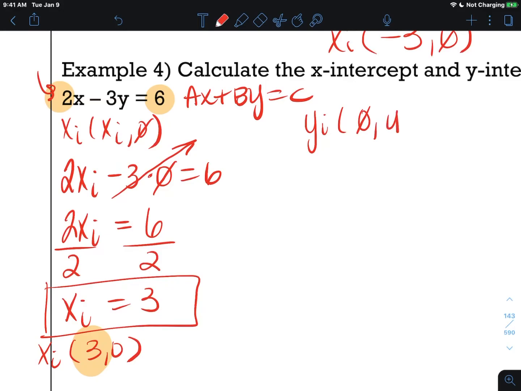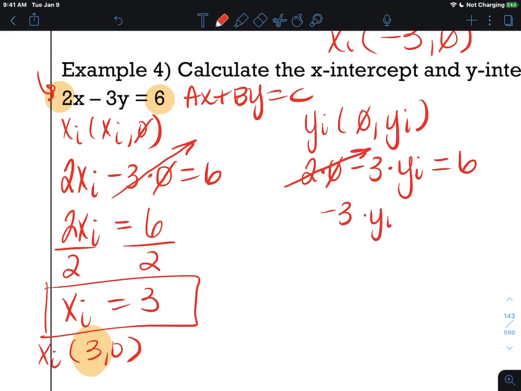Y-intercept, 0, y-intercept. All right, let's plug these in. 2 times 0 minus 3 times y-intercept equals 6. Okay, 2 times 0, cancel out. -3 times y-intercept equals 6. I'm going to divide by -3.